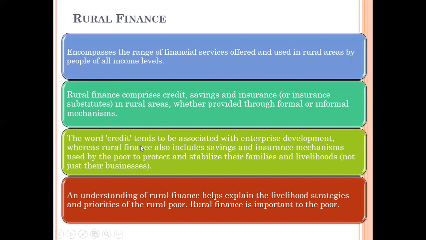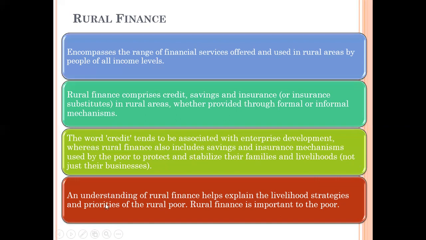And credit, when we are saying the word credit, tends to be associated with enterprises development, like you want to develop your small sector unit or some enterprise you have. Okay, and rural finance also includes saving and insurance mechanism used by the poor people to protect and stabilize their families and livelihood, like crop insurance, insurance of vehicles, or insurance of machineries, so that is also covered in the rural finance.